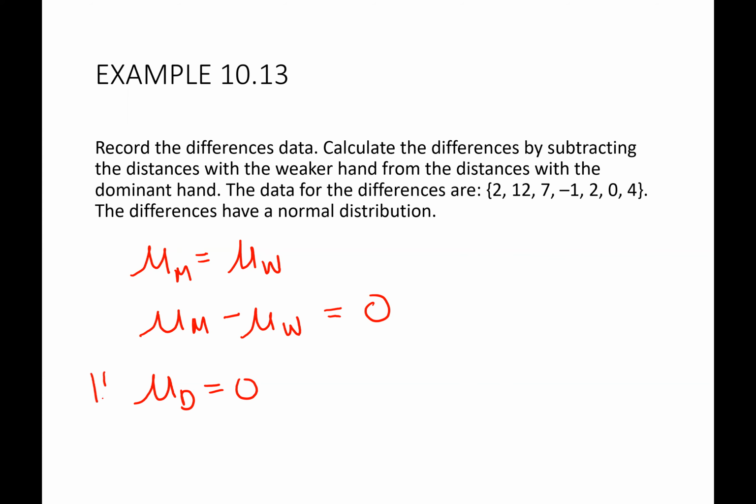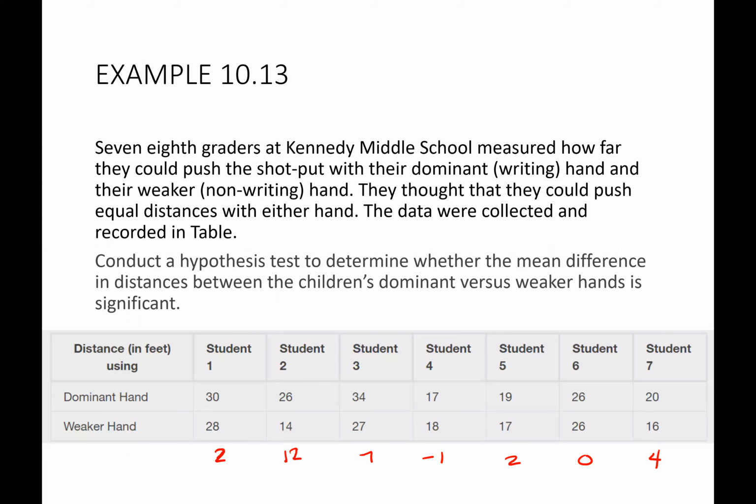So that is their null hypothesis. Their alternate would be what? That there is a difference. Now you're going to conduct your t-test on those differences using a two-tailed test. Let's do that.